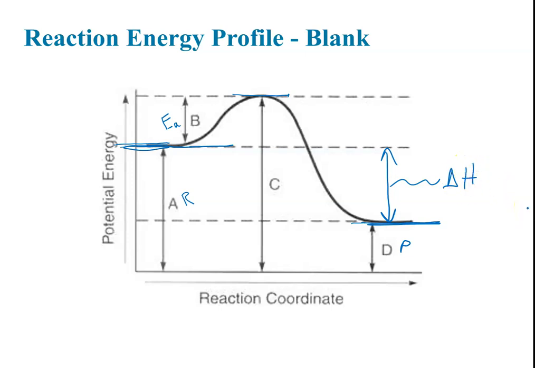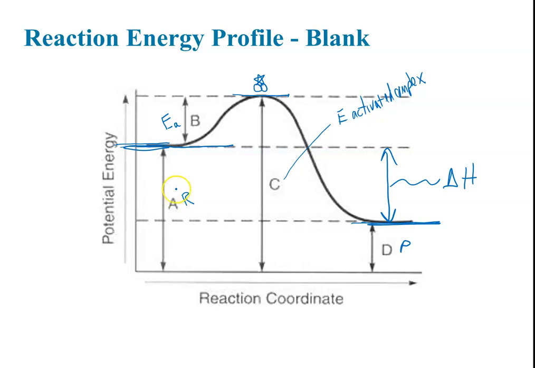What is C, though? C is defined as the energy from the origin up to the top of the activated complex. That is, C is called the energy of the activated complex. In other words, it's the total energy that needs to be present at the top of that activated complex peak, okay?